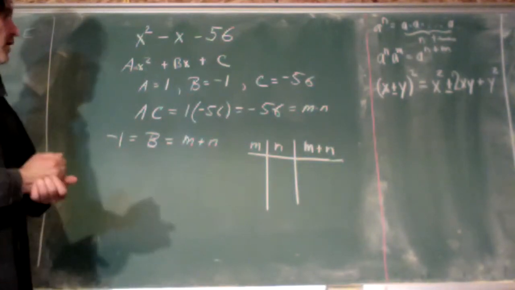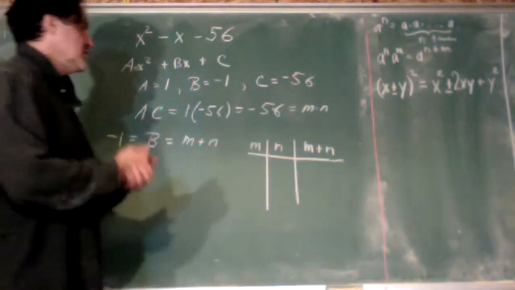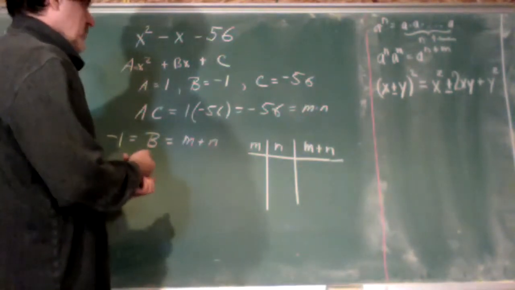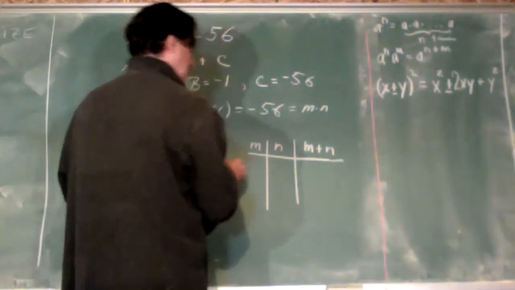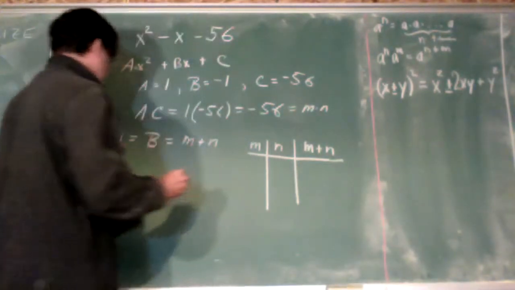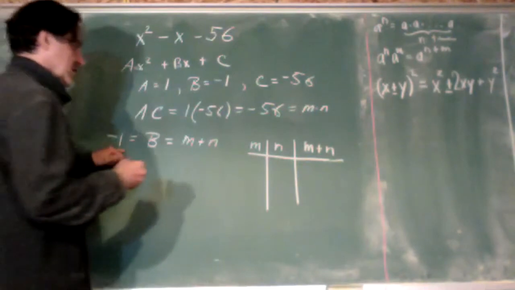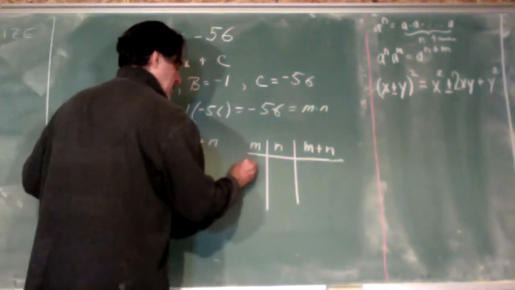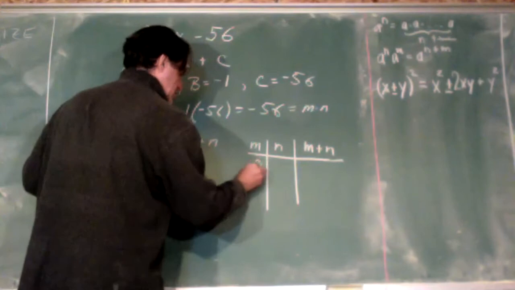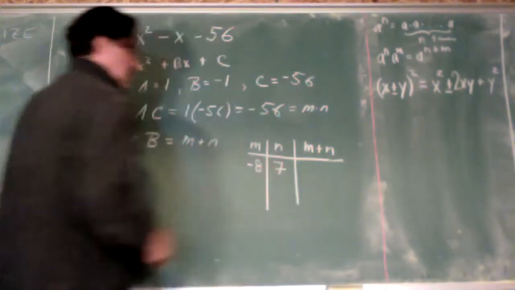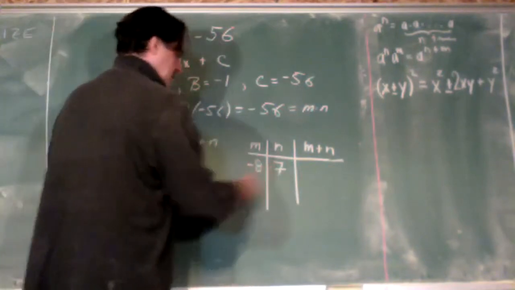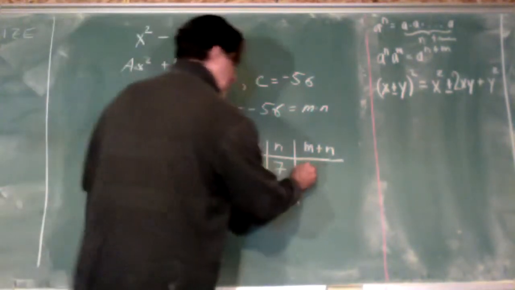So, the easiest factor pair besides 1 and 56 I can think of is, I want -56 and I want -1, so I'm going to take the negative number to be larger in absolute value, -8 and 7. Add it up immediately. -8 and 7 gives me -1.